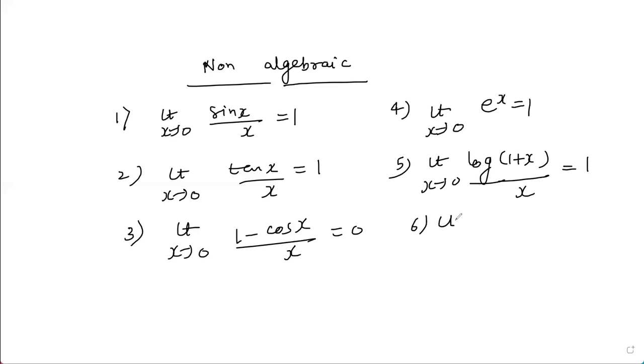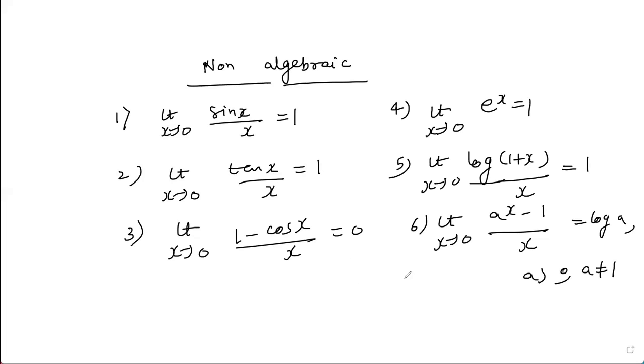Then limit x tends to 0, (a to the power x minus 1) whole divided by x, that will be log a, but it's provided that a should be greater than 0 and a will not equal 1, because as we all know, for log 1 the scenario will be not defined.